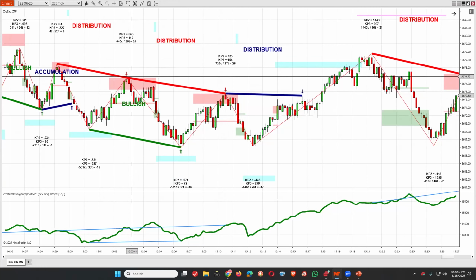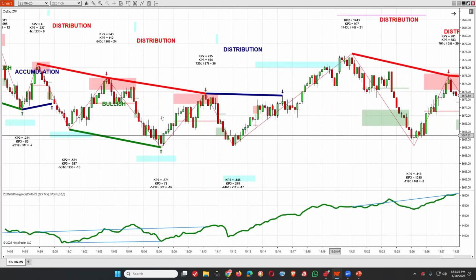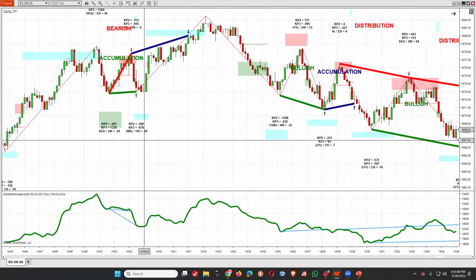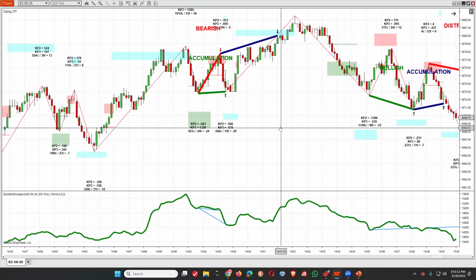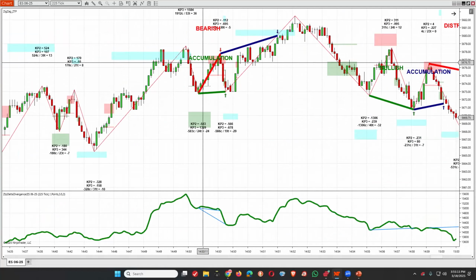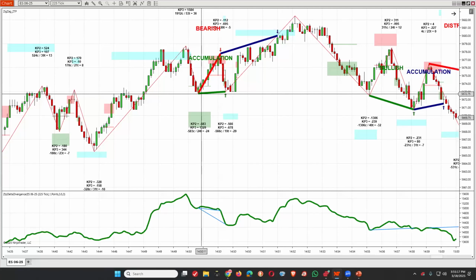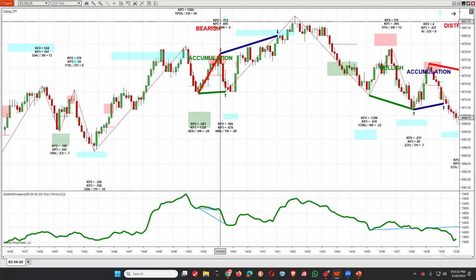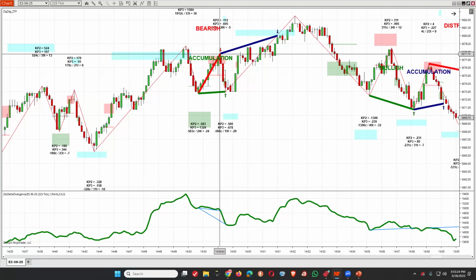Again, the divergences that I'm interested in are these two right here. And this is kind of interesting right here. Remember, this is for all contracts. I didn't set a filter on this. So as we went from the low to the high, the delta, which is this number up here, was a negative 112.